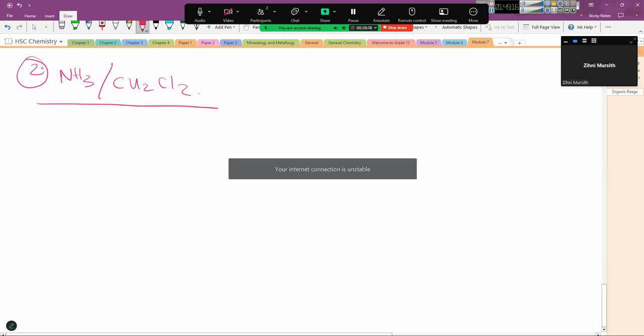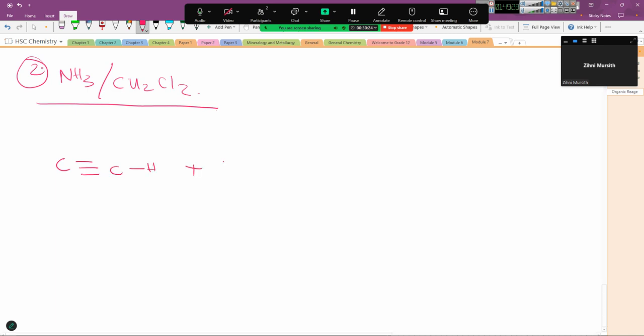Then we will move to the second one. The second reagent is going to be ammonia Cu2Cl2. Again, similar to the acid base reaction of Tollens reagent, if you have C triple bond CH and you put ammonia Cu2Cl2, it will produce a red color precipitate, which will be nothing but C triple bond Cu.